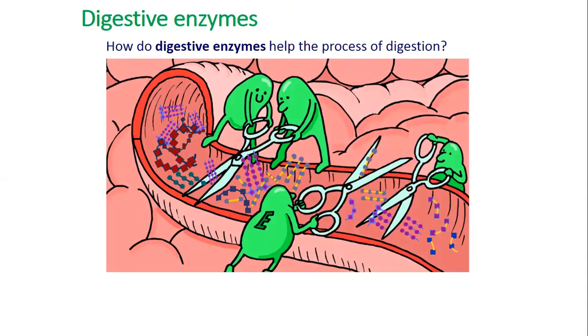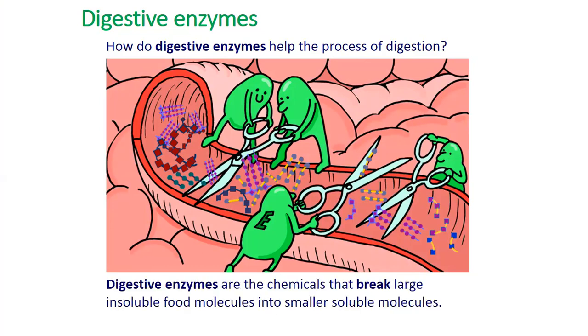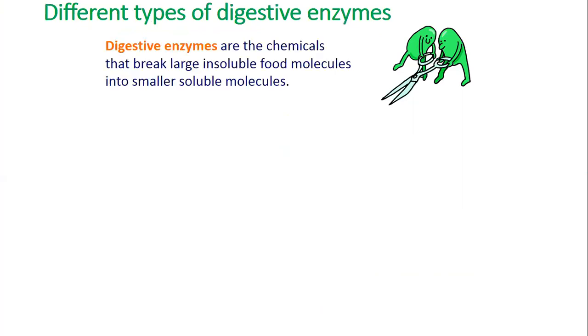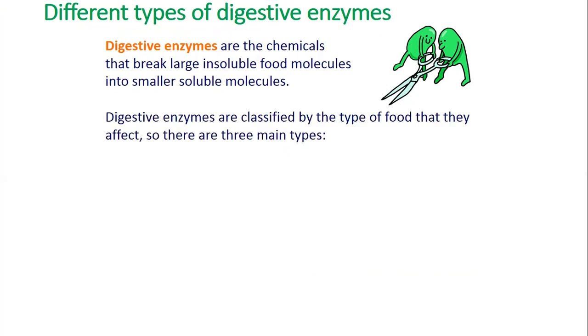How do digestive enzymes help the process of digestion? Digestive enzymes are the chemicals that break large insoluble food molecules into smaller soluble molecules.